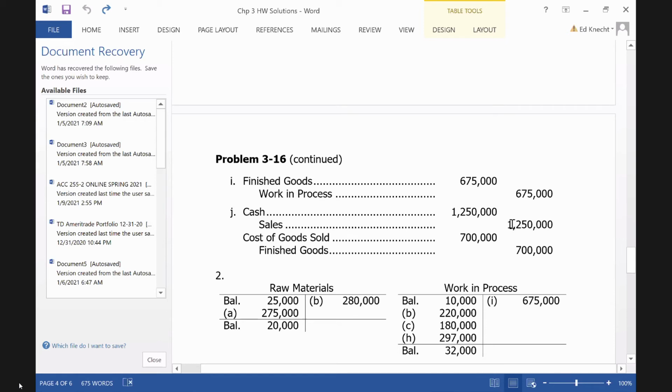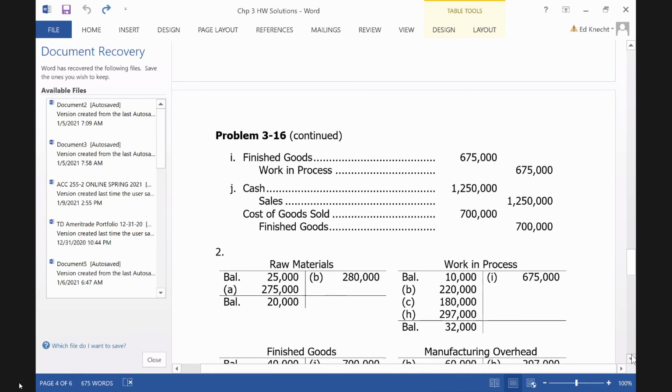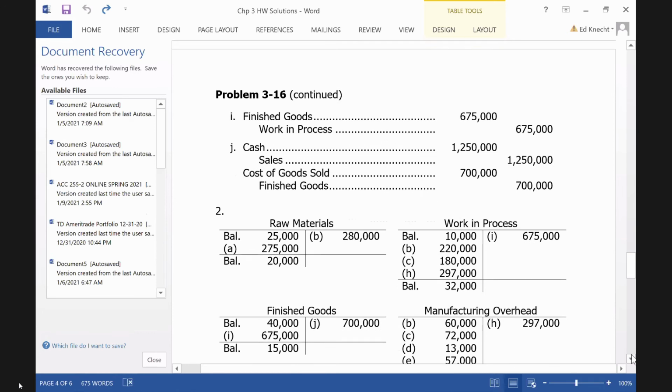Our sales revenue is $1,250,000. We received cash for that sale. If we didn't receive cash and it was on credit, we would have accounts receivable, right? Any questions?